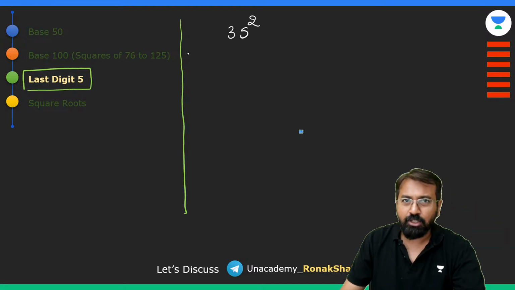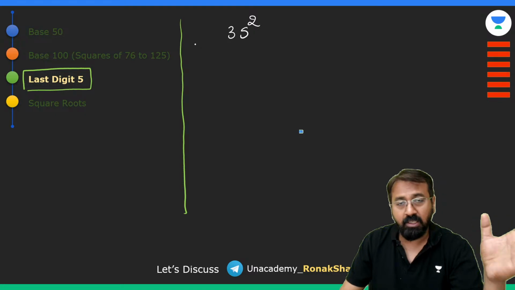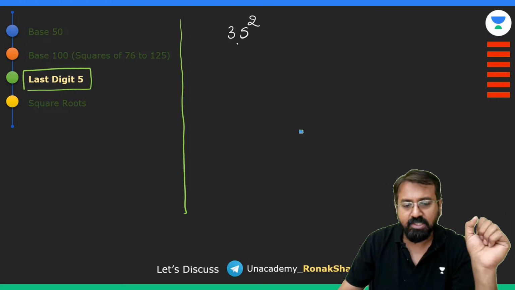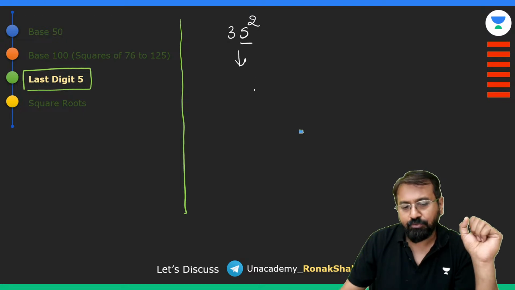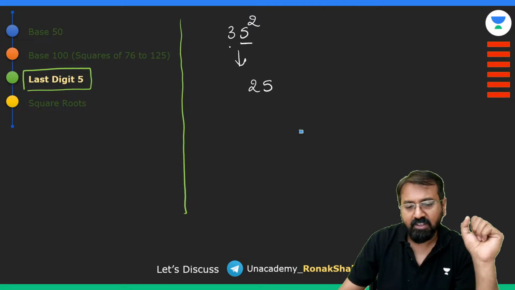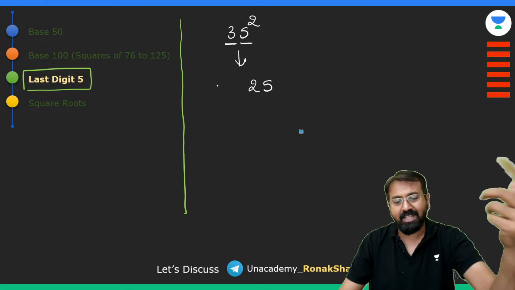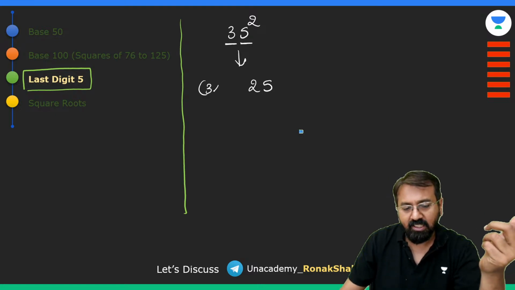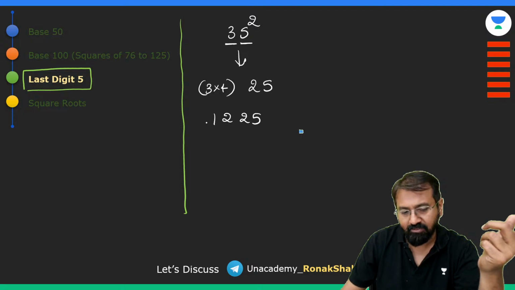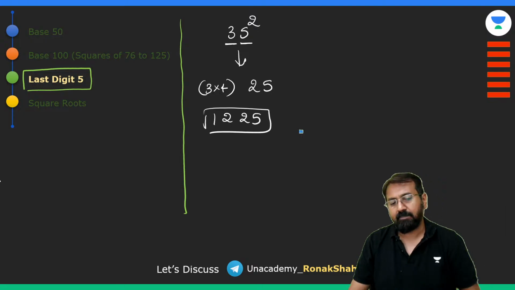Of course you can use base 50, but instead you can directly write down the square. How? Just write down 5 square, that is 25, and multiply 3 with the next number. So what is 3 into 4? It's 12. So it's going to be 1225.